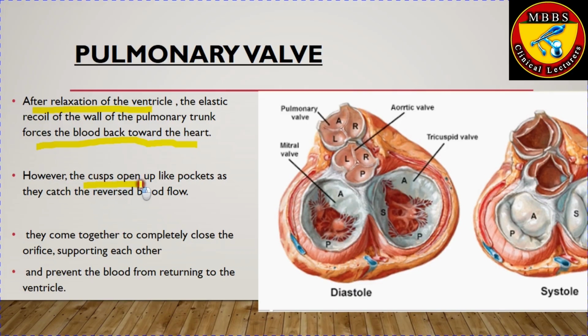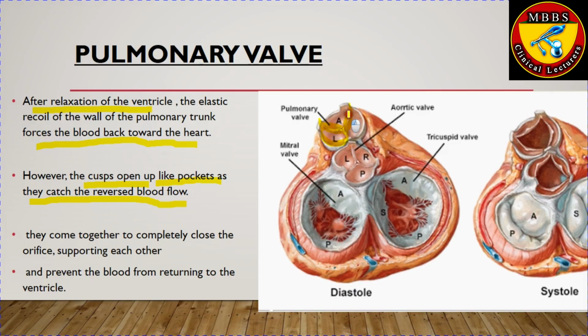The cusps open up like pockets as they catch the reversed blood flow. As the blood returns back towards the heart, the semilunar cusps become like pockets and catch the reversed blood flow. They come together to completely close the orifice, supporting each other.